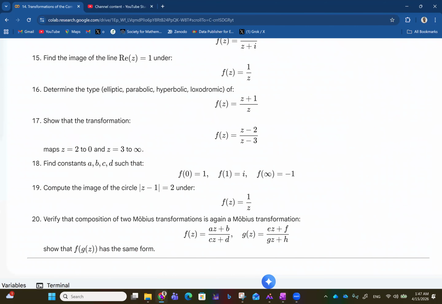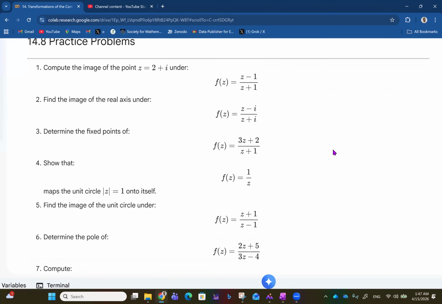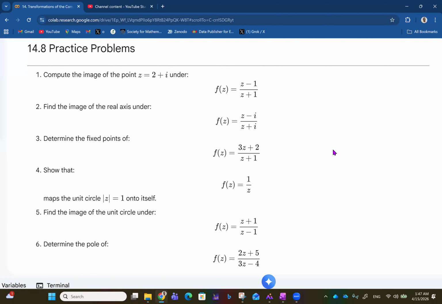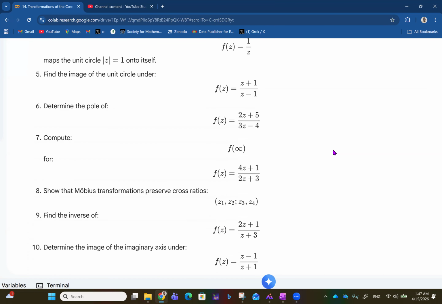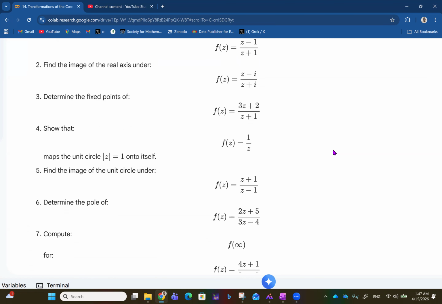So don't forget, try your hands on the questions again. You have questions 1 to 6 here. Don't worry if you see some questions you can't answer, just let me know. I see question 6 is talking about determining the pole. I've not talked about pole, but pole is simply if you equate 3z minus 4 equals 0, whatever you get there is the pole, that makes this undefined.